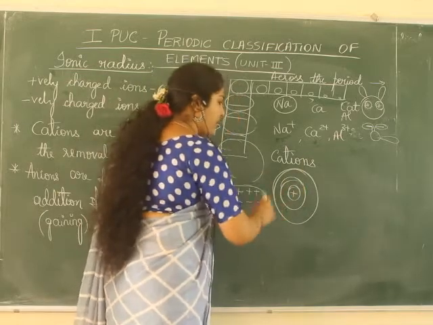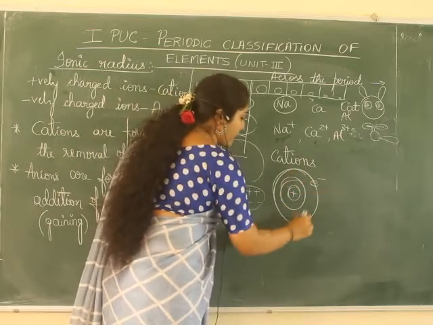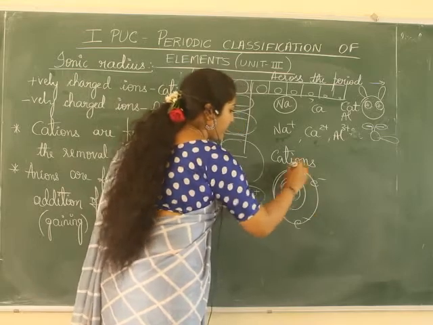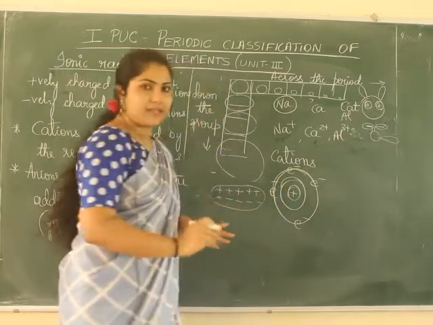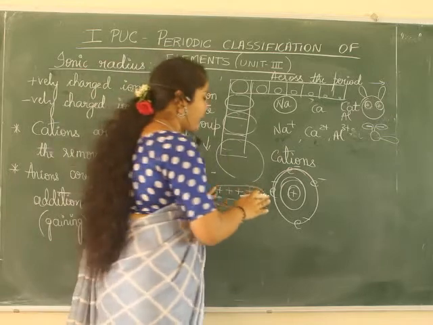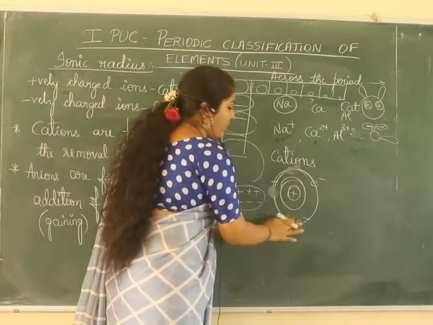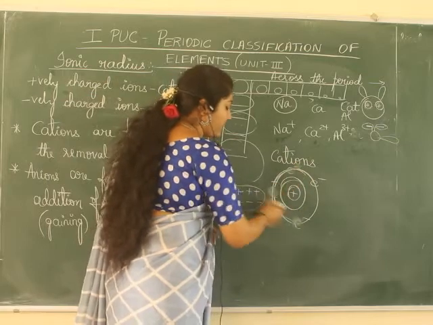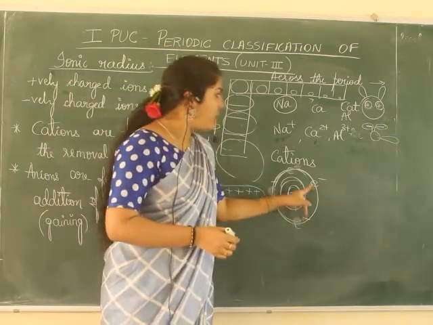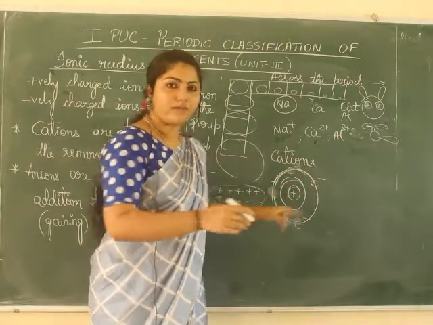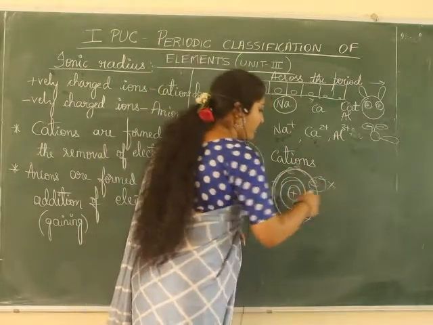It had many electrons. Let me tell you about the outer electrons. In sodium, you will have only one electron in the outermost shell. Now what happens if this one electron is removed?